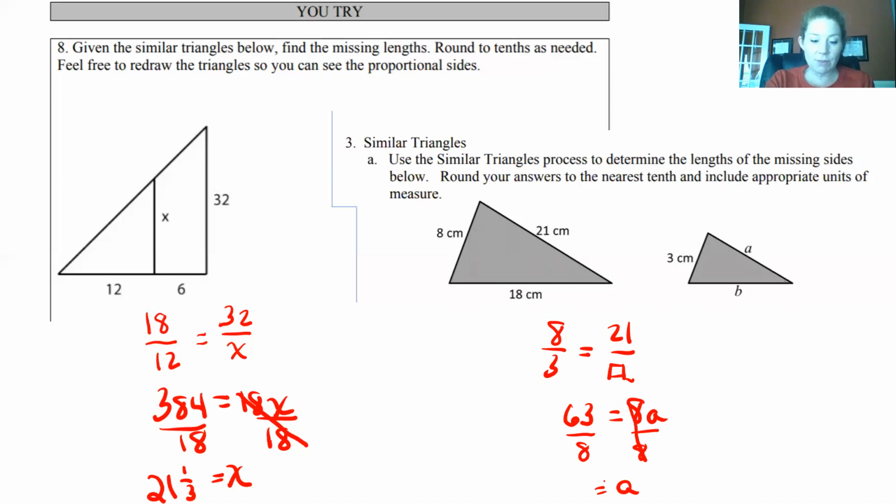It's almost 8, but not quite, so it'll be 7, and 7 times 8 is 56.